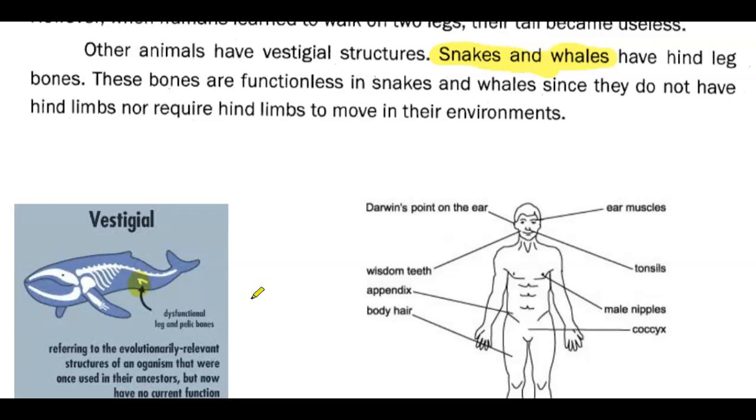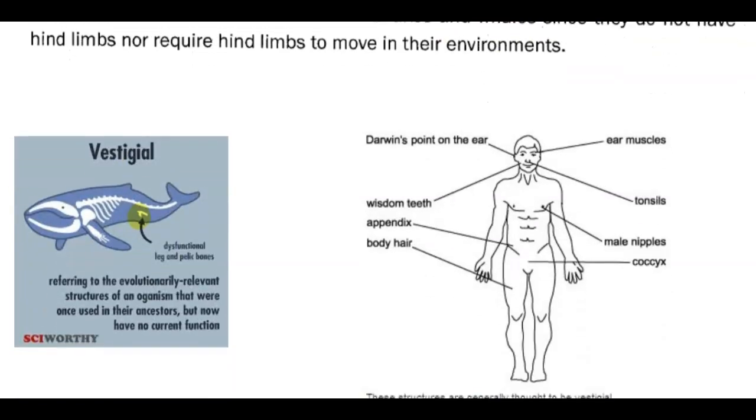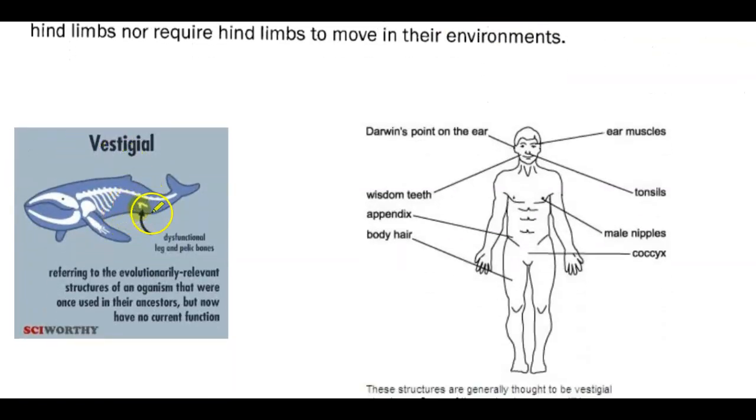But they're such good swimmers and they use their tail for swimming that those back legs would just get in the way. So they don't have back legs anymore, but their body still makes the little bones where the legs should be because it's coded in their DNA, and that's just what their body does when they build. Okay, so that's a real cool one.